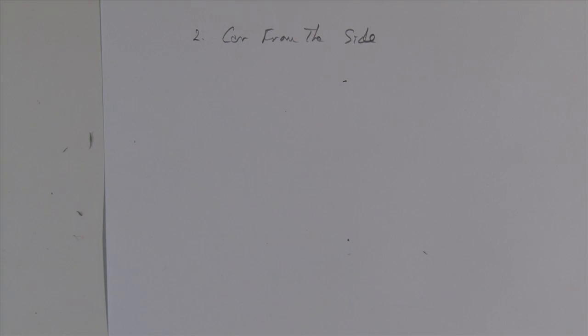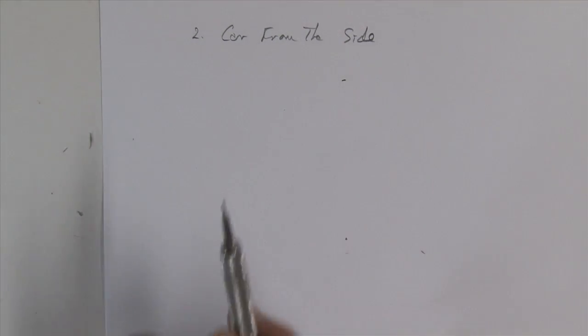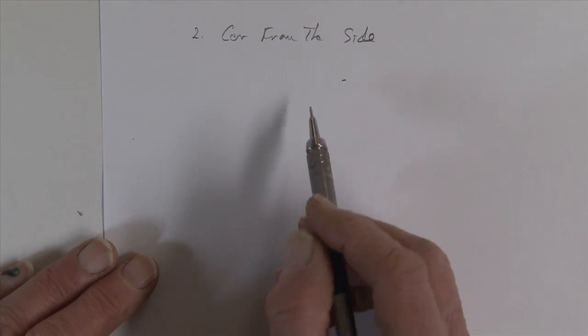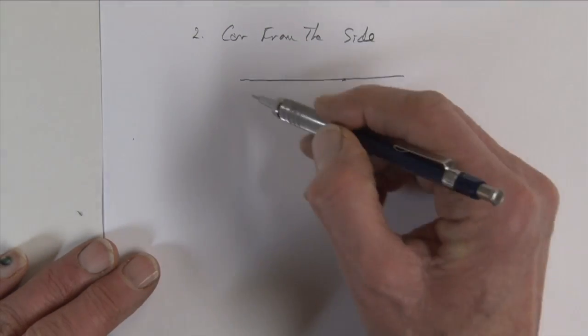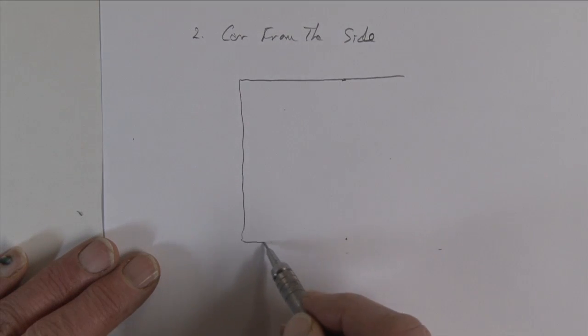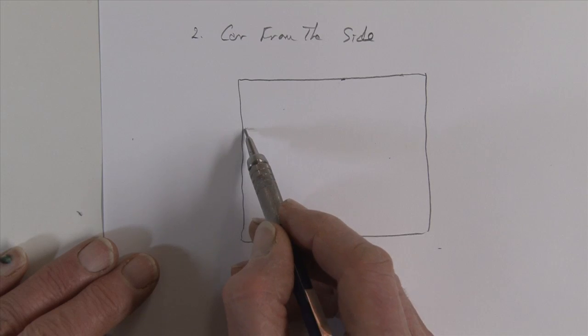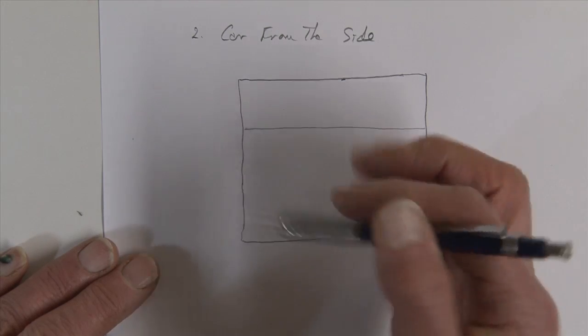The second way that we're going to meet cars on the street is when we're seeing them from the side. And it's just a minor variation on seeing them from the front. So first I'm going to start off with my square, like this. Come down about 1/3, something like that, for the windshield.